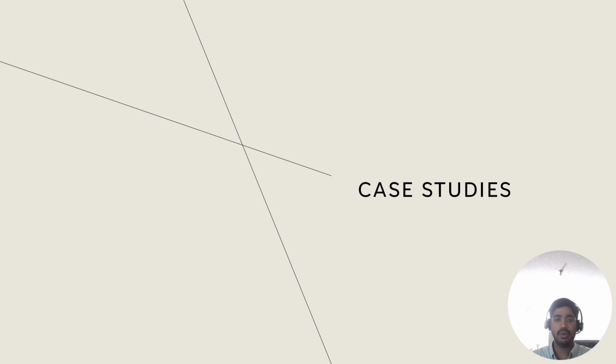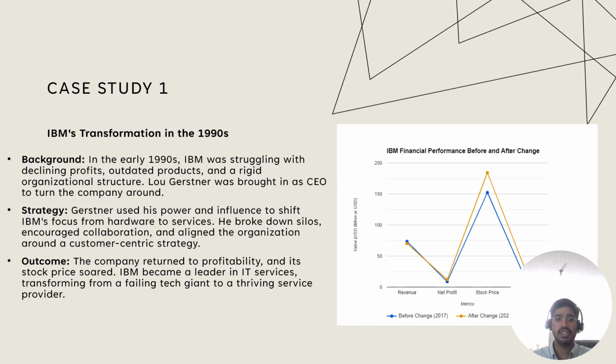So I would quickly walk you through a couple of case studies of IBM and Kodak, how change management has been effective and how change management has been ineffective. IBM, one of the success stories, is the transformation in the 1990s, how it peaked at a certain point of time and the stock prices came down, and again it started to go up.